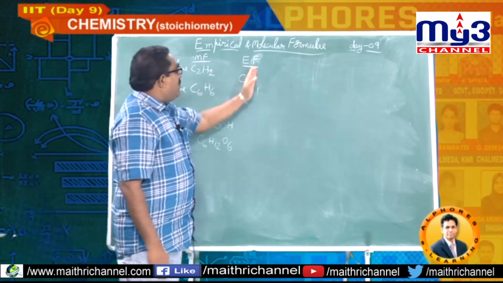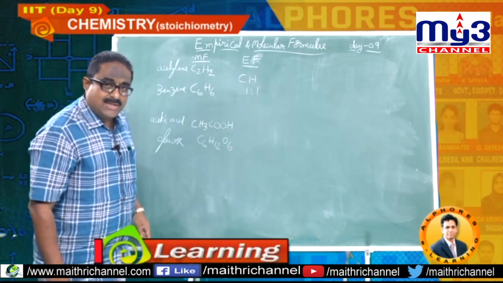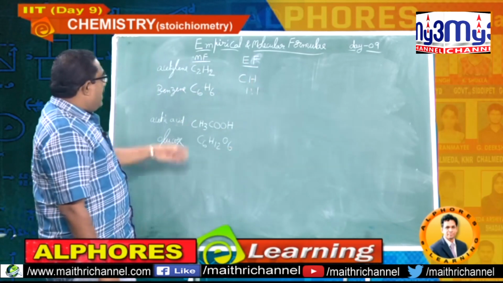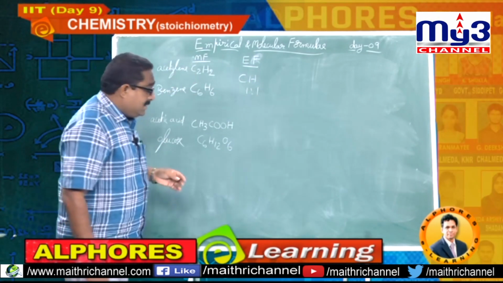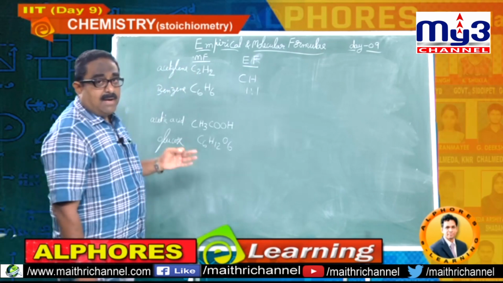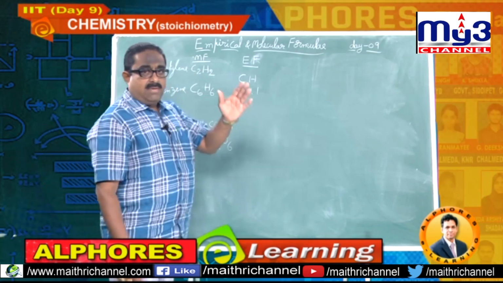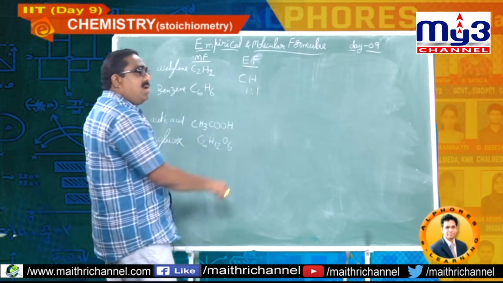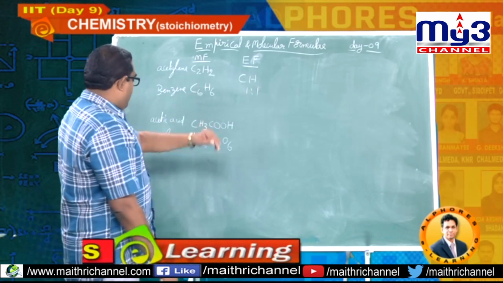Gives only simple whole number ratio of carbon and hydrogen, 1:1. That's why this is called empirical formula, whereas these formulae tell us the exact number of atoms present in the respective compound. That is the basic difference between empirical formula and molecular formula.